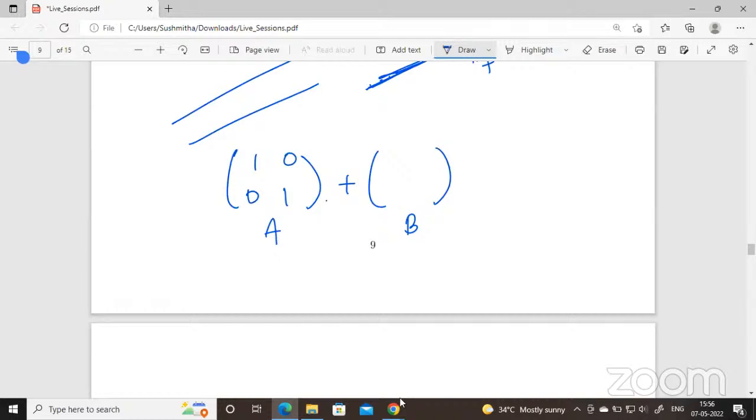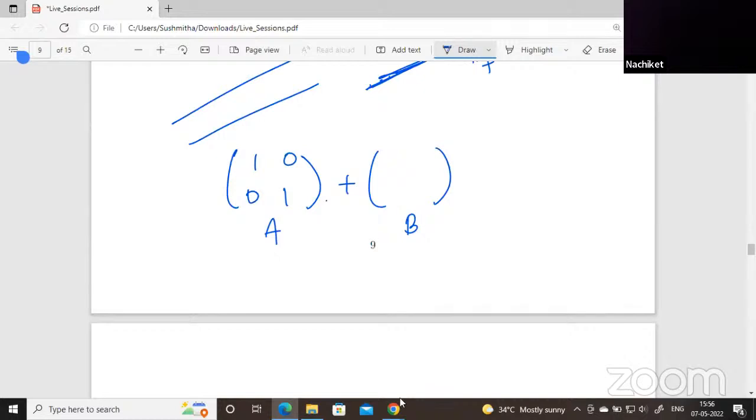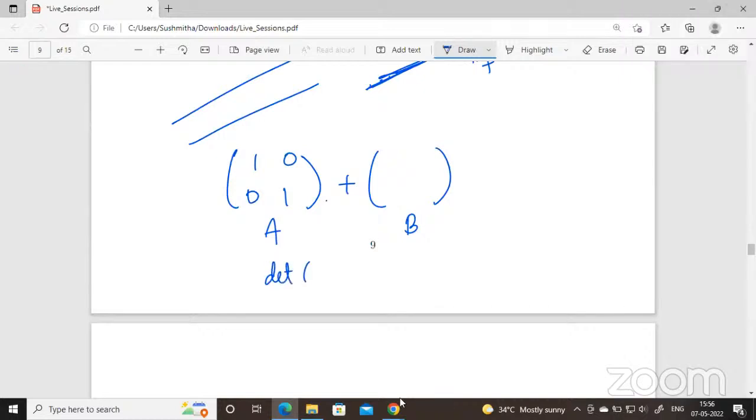Can you quickly construct a B such that determinant of A plus B is 0, but determinant of A plus determinant of B is not equal to 0? Can I take B as a 0 matrix? But in that case the determinants will be the same, no? Take a scalar matrix.